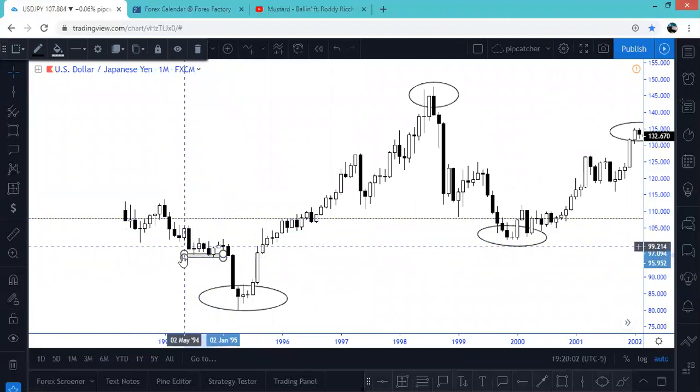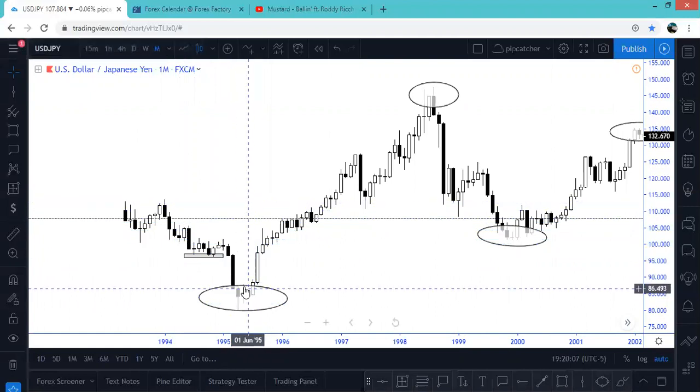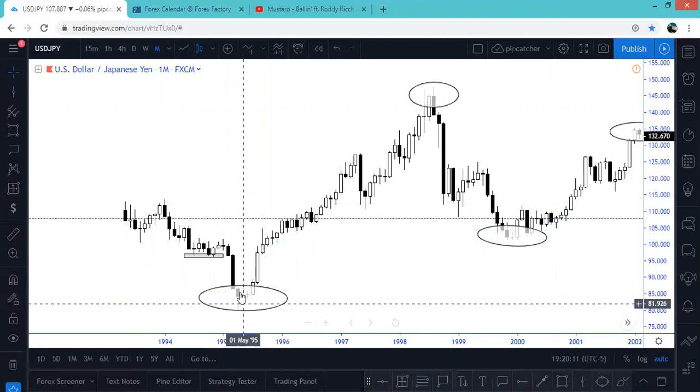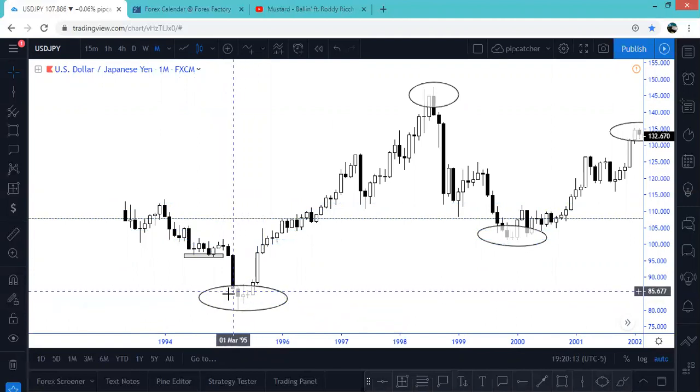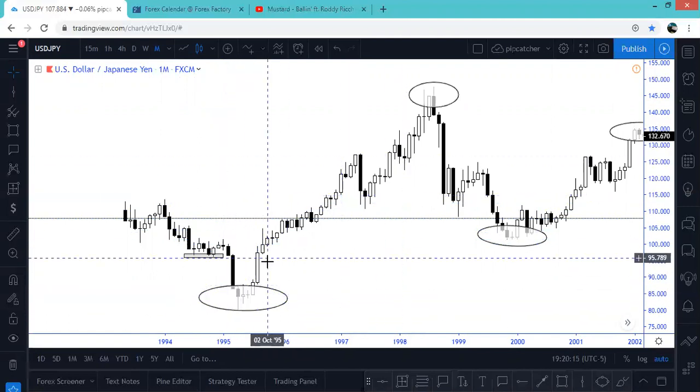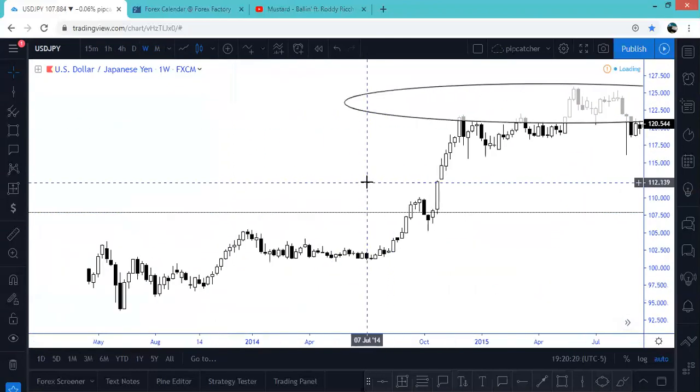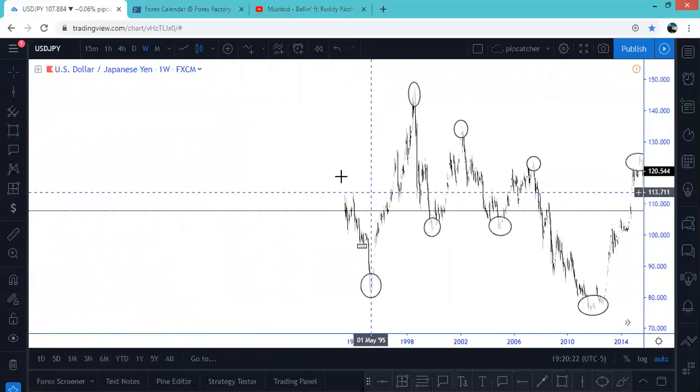Maybe this is a double bottom from a lower time frame perspective, but we can't really get the details of what happened on the monthly time frame. Okay, so we're going to go down to the weekly and see what happened in this area first.